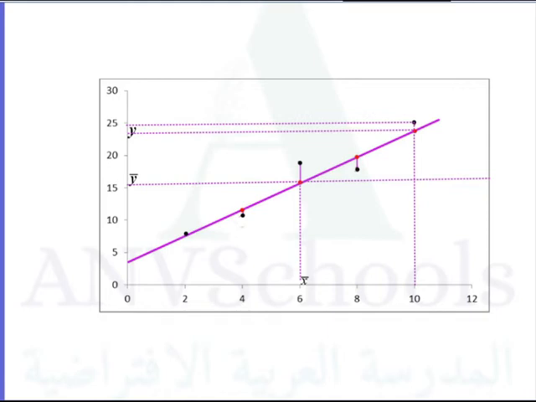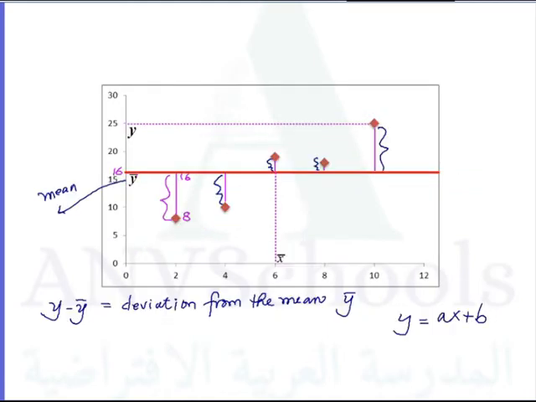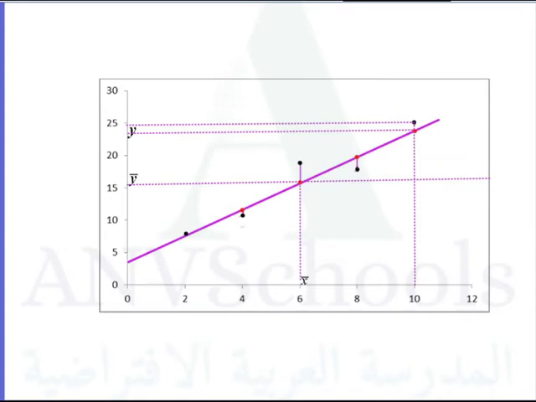If a while ago we have the deviations from the mean, now we call this deviation as residuals, or deviation from residuals. These deviations, okay, these are what we call residual deviations. And what do you mean by residual?